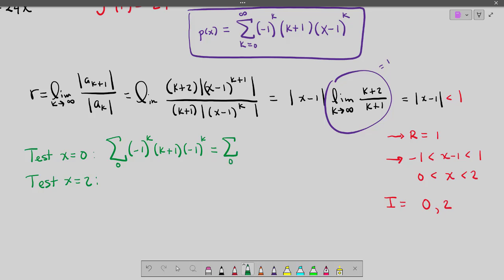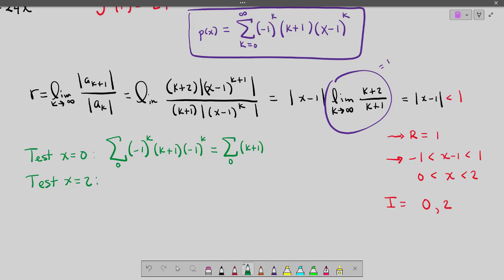And -1 to the 2k is 1, because the power is always even. So those two switches combine, and we have that. Does that series converge or diverge? What was that? So it's going to diverge.